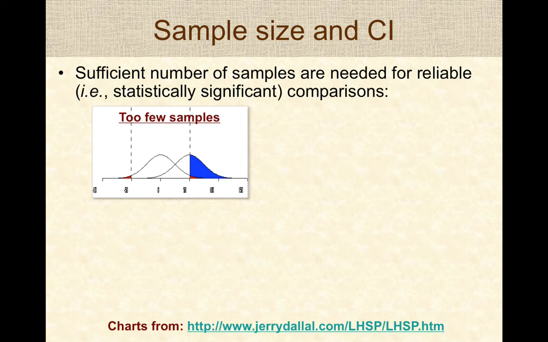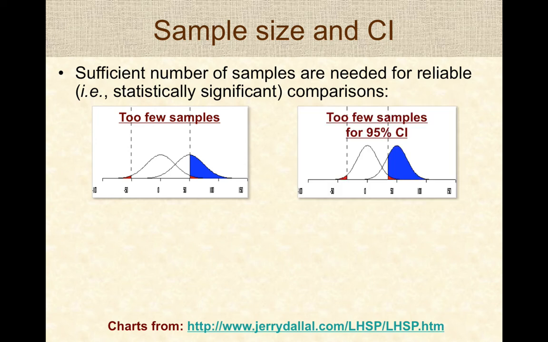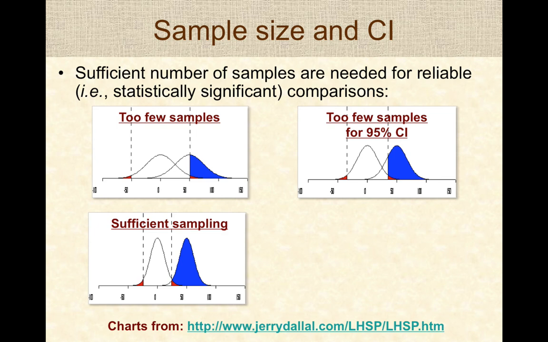And in this case, more data is necessary before the confidence intervals can be correctly measured and computed. Here, there is somewhat clear separation, but still the number of samples is insufficient to compute a 95% confidence interval. Here is a sufficient number of samples. Sure, there is some overlap, but the separation is statistically significant, so we can draw some conclusions from this data.